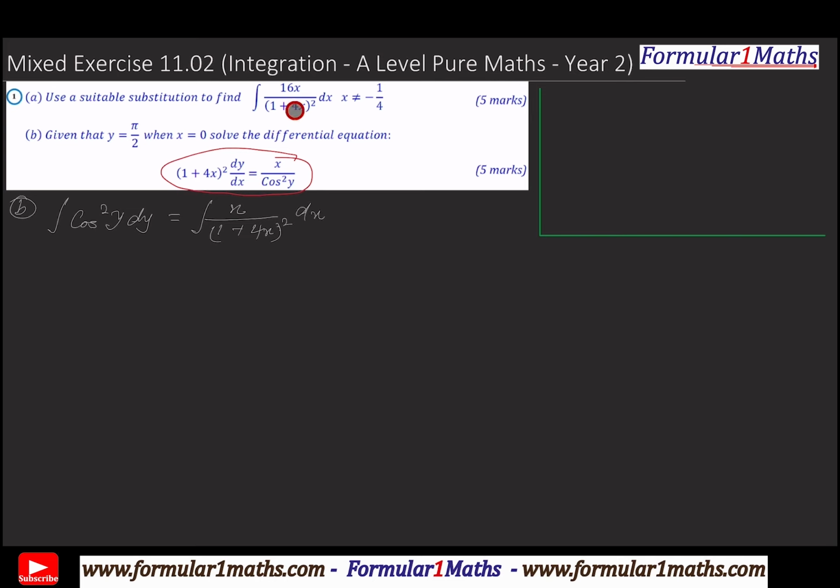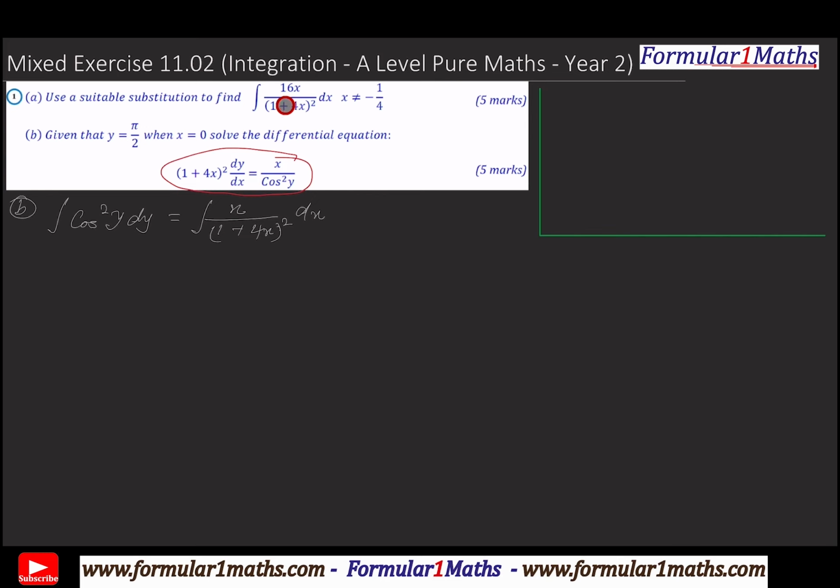We have already integrated this one here, which looks similar to this. So if we multiply both sides of this equation by 16, we can get this side to look exactly like that. In that case, we can use the integration that we've done already in A.